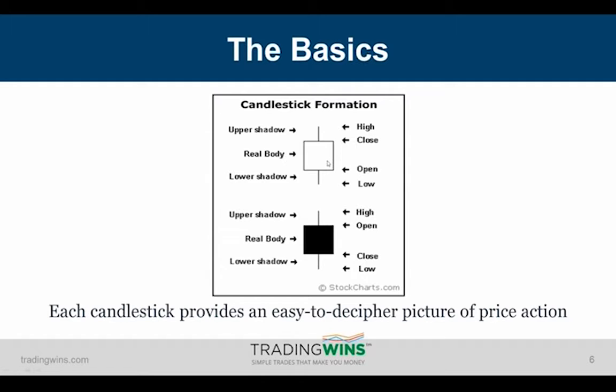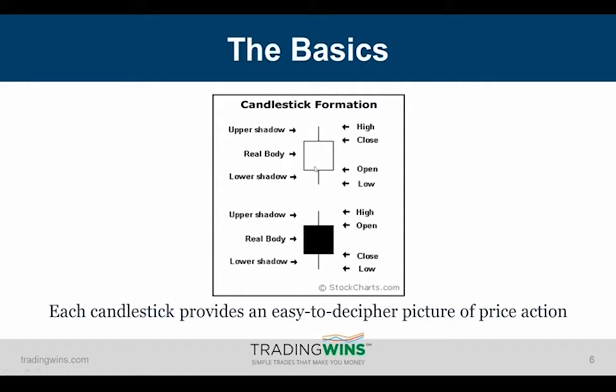So whenever you see a white or a green candle here, what you need to understand is that the open price was at the bottom edge of that body, okay? And it closed at the top edge. And then these peaks, these lines, which we call wicks or tails on these candles, are the absolute low for that time period and the high.